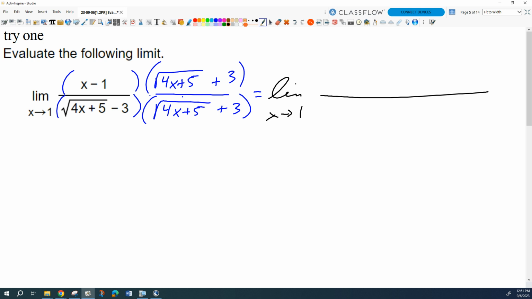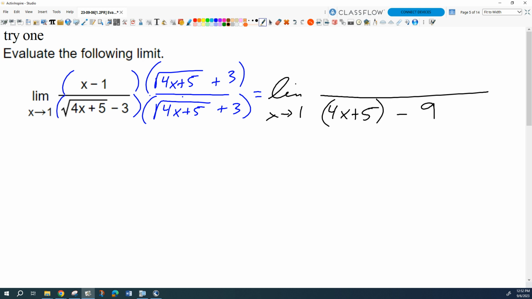What do we get on the bottom? We're multiplying conjugates. So a minus b times a plus b is a squared minus b squared. What's a squared? 4x plus 5 minus 9. Okay, give me thumbs on that. Everybody see how we got that on the bottom?